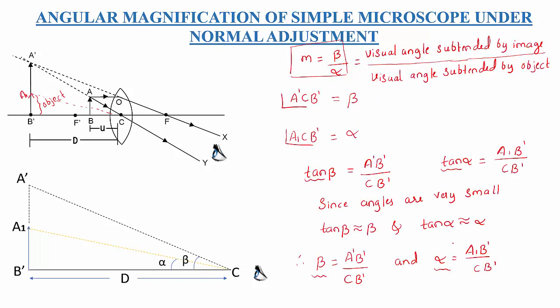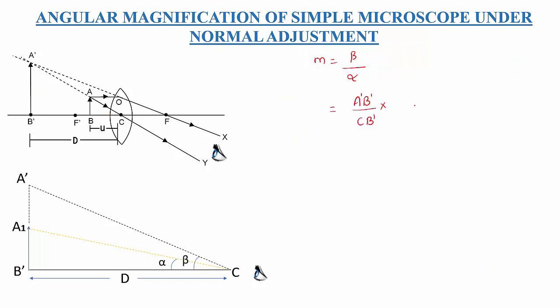Alpha value is A1 B dash divided by CB dash, reciprocally CB dash divided by A1 B dash. Now CB dash will get cancelled. So we got M equal to A dash B dash divided by A1 B dash.